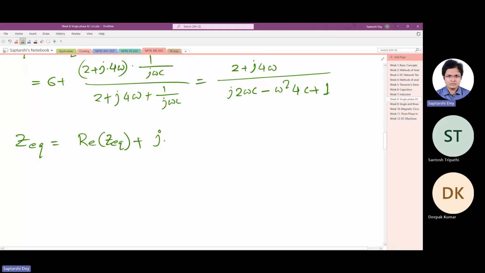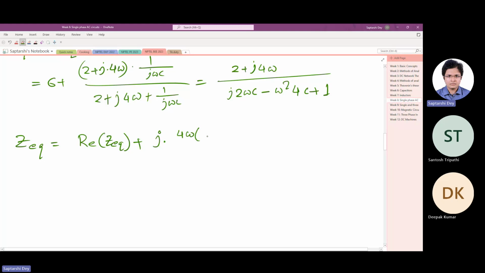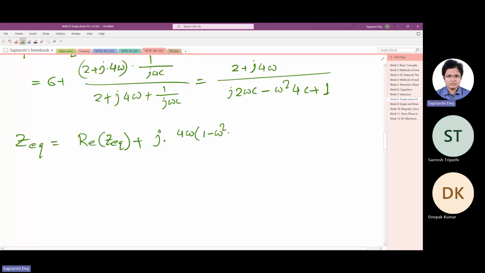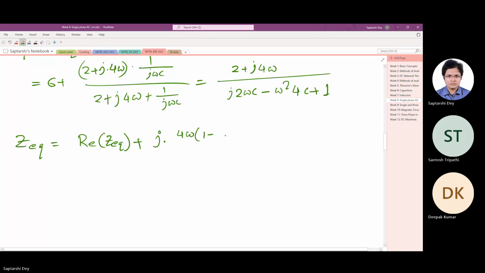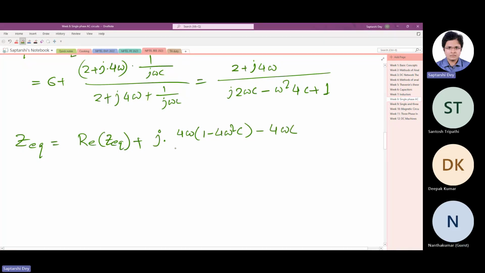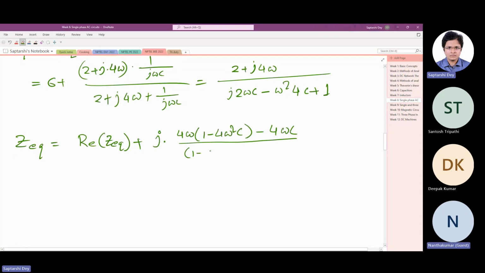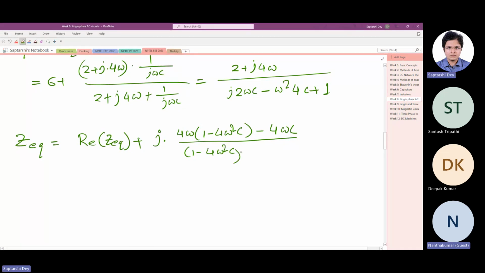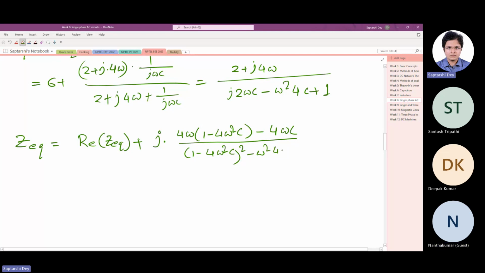That imaginary part is j times 4 omega times (1 minus omega squared 4 omega squared C minus 4 omega C), divided by (1 minus 4 omega squared C) whole squared minus omega squared 4C squared.